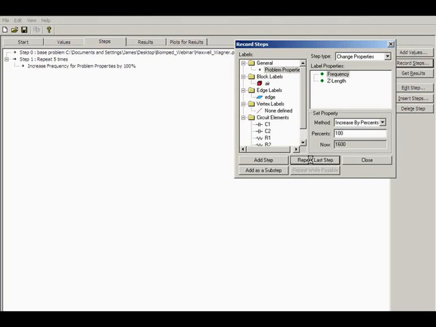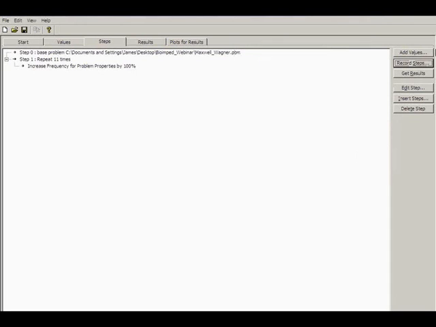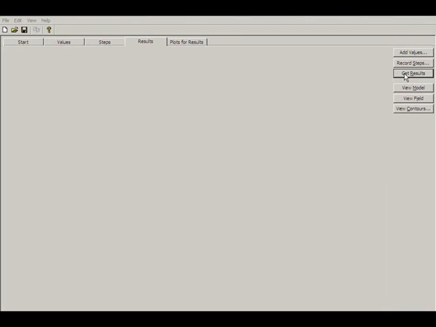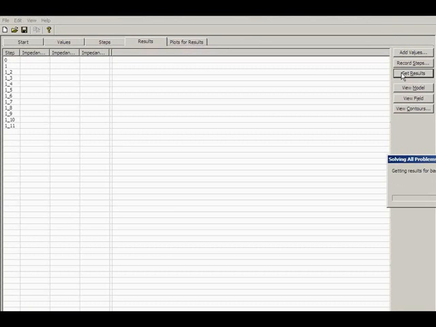This is a rather simple circuit. We'll repeat this a few times. Roughly 100 kilohertz. So we get the results.